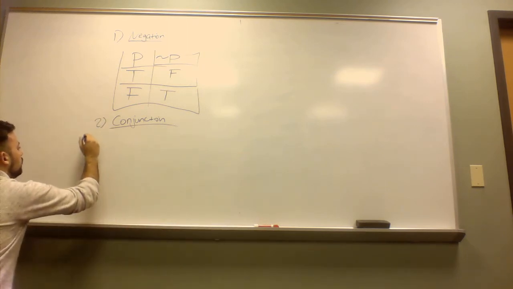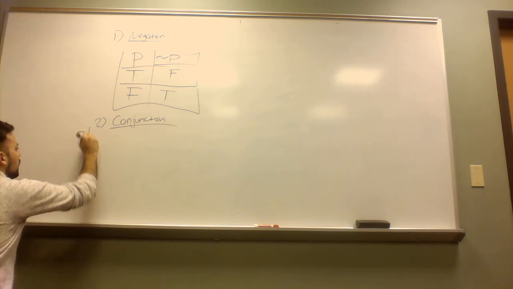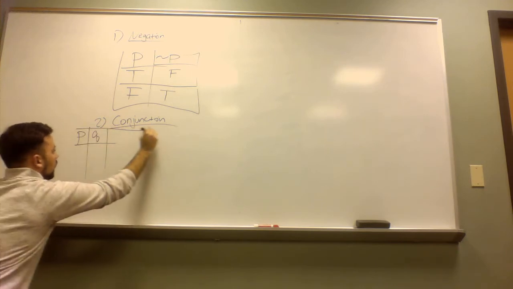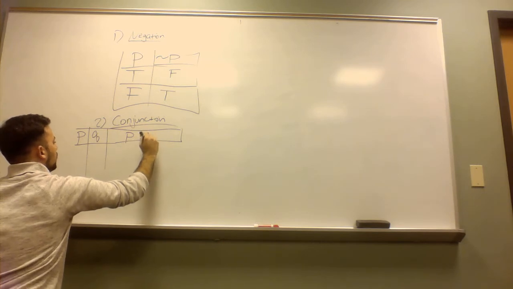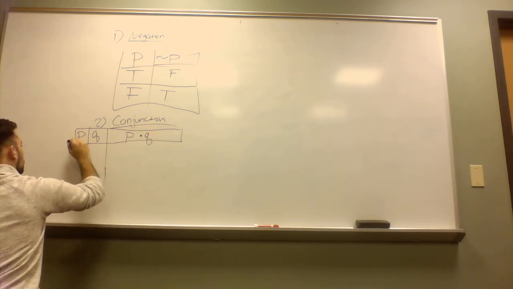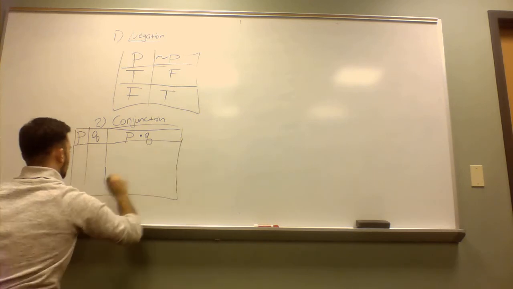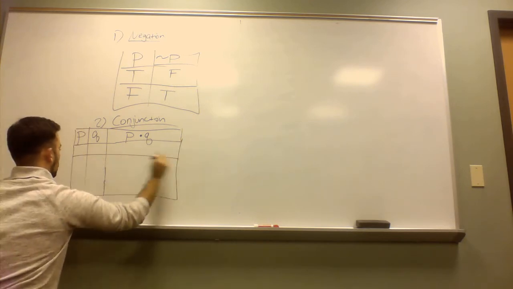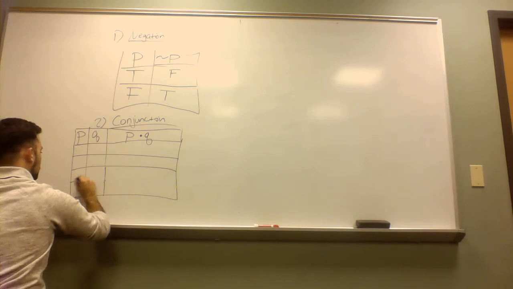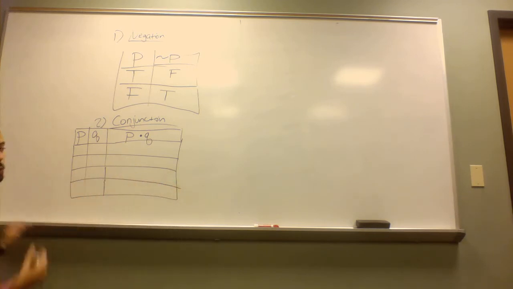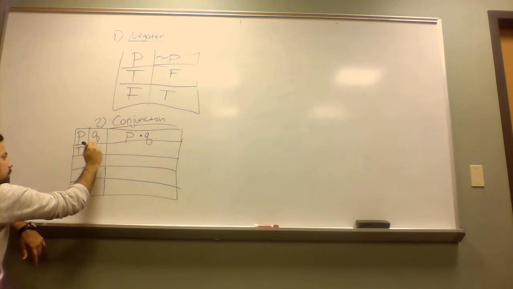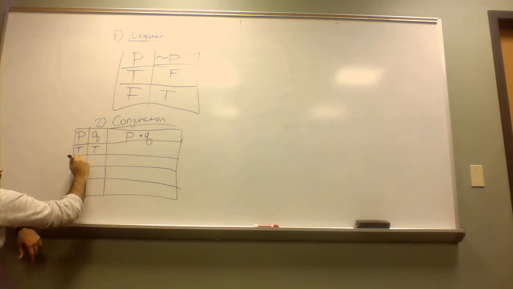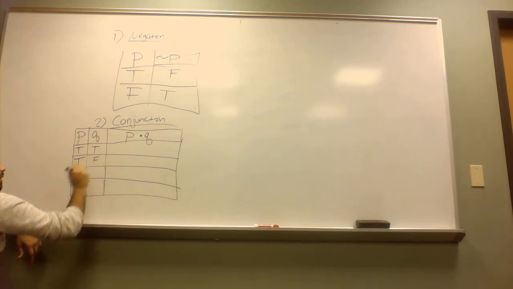So let's say we have propositional unit P and propositional unit Q, and we want to prove P and Q. Now remember, we have to take into account every possible combination of truth values of P and Q. There's one situation in which both are true, the situation in which P can be true but Q can be false.